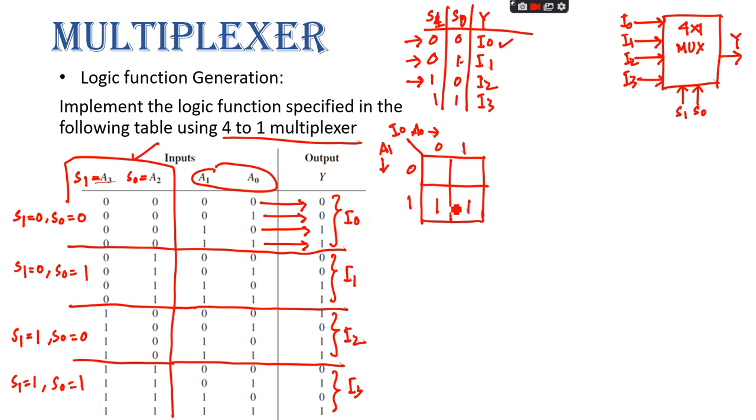So what should be the outcome for our I0? How can we combine them? What is common for that? It should be A1, right? Yes. A1 should be connected here directly. Now for I1, what would be my K map?